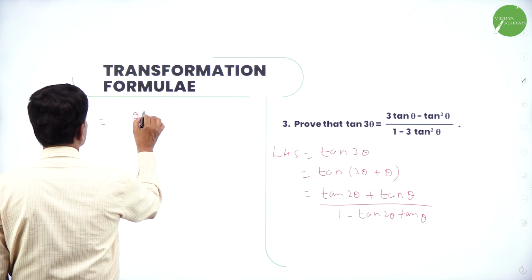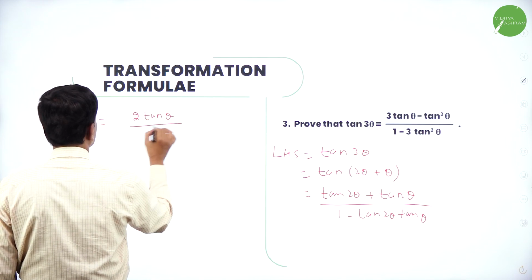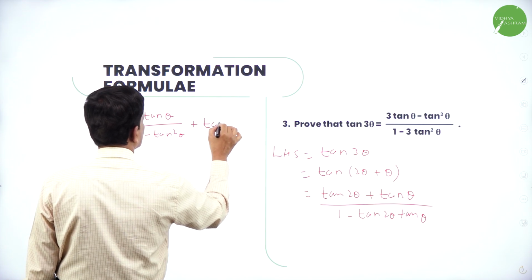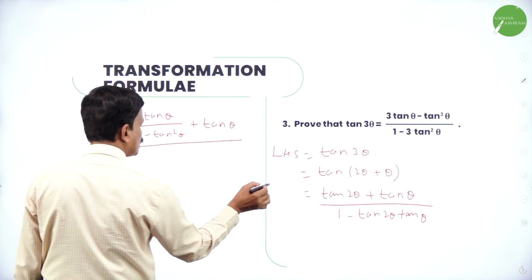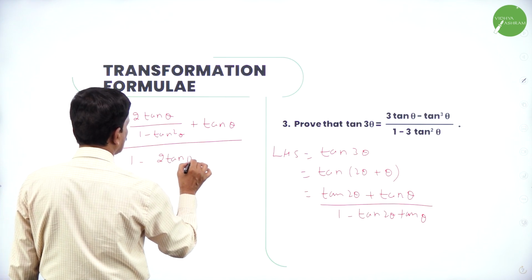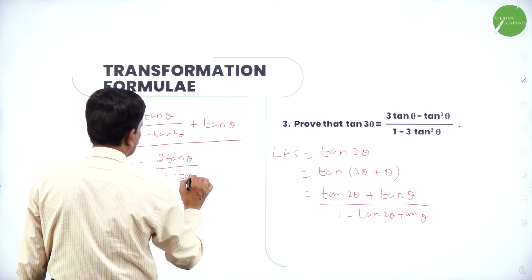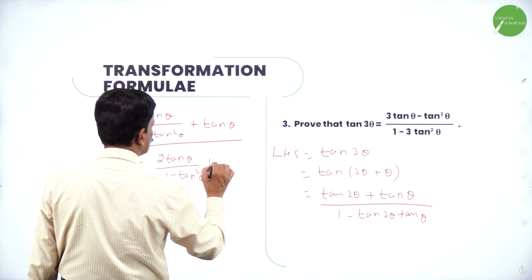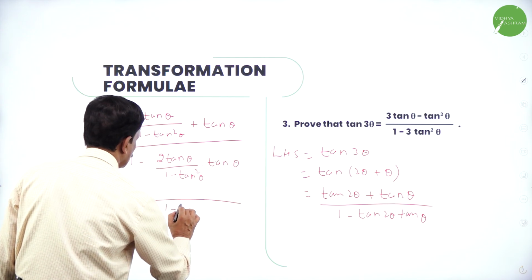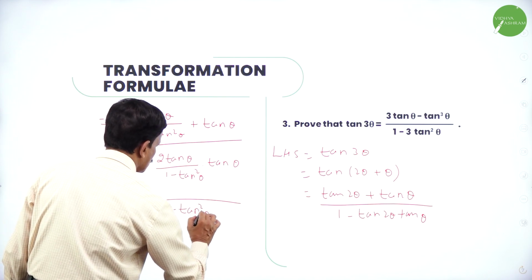So tan 2 theta is 2 tan theta divided by 1 minus tan square theta, plus tan theta as it is, divided by the denominator also 1 minus tan 2 theta, which is 2 tan theta divided by 1 minus tan square theta, into tan theta. Take LCM in the numerator. In the numerator 1 minus tan square theta is the LCM.